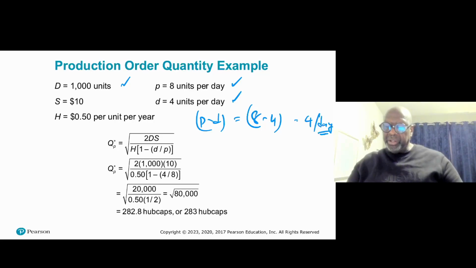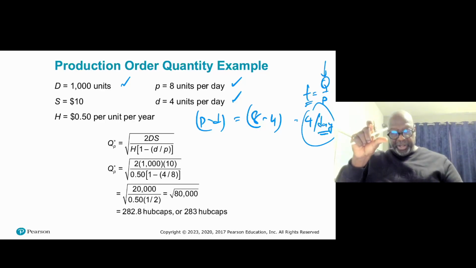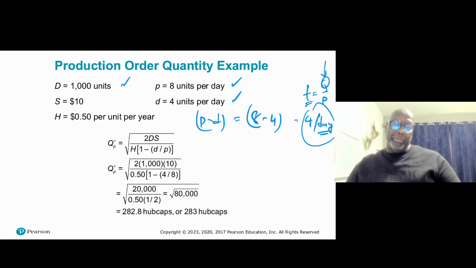That time t is Q over P, but we don't know exactly what it should be yet. If we knew it, we would calculate t, and then multiply the rate at which we're accumulating inventory by t, the production period, and we would know our maximum inventory level. We've already gone through that, just putting it in the context of these numbers.